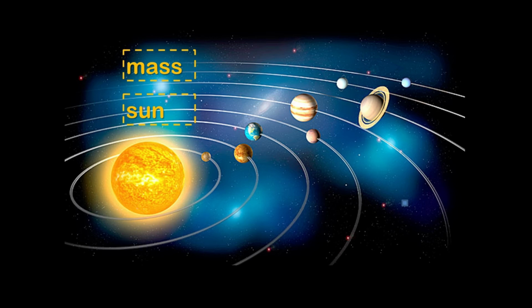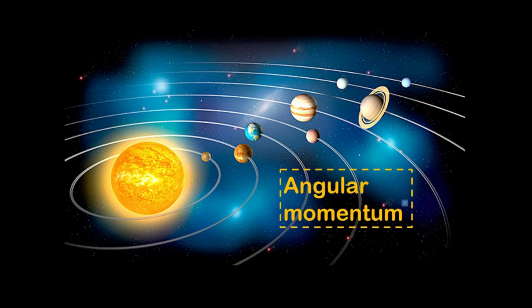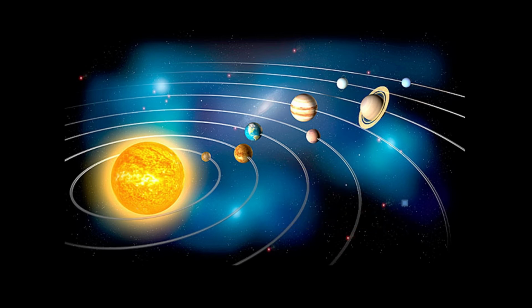That is why the mass is concentrated at the center where the sun is. While the angular momentum of our planets is held by the outer planets. Again, the angular momentum of our planets is held by the outer planets.